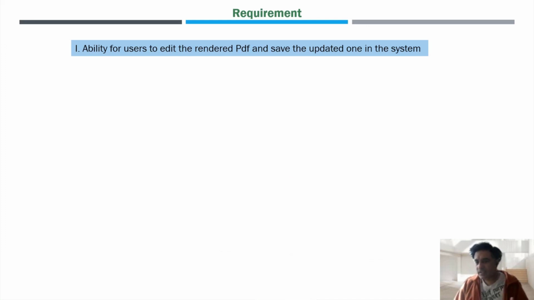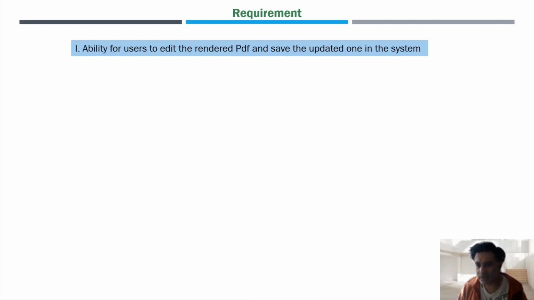Okay, so this was the one-liner requirement from my customer. They said users should be able to change the data in the PDF, and they should be able to save the edited PDF in the backend system. The backend system is agnostic.